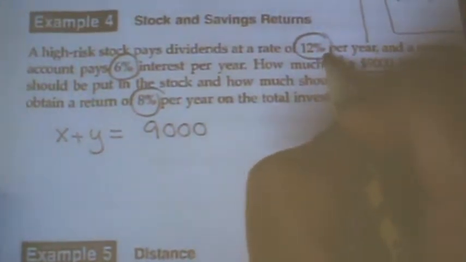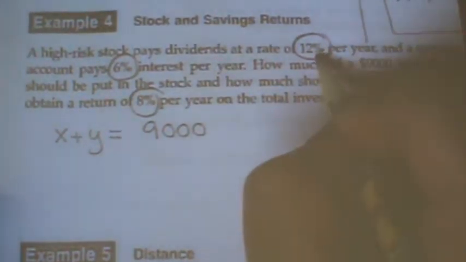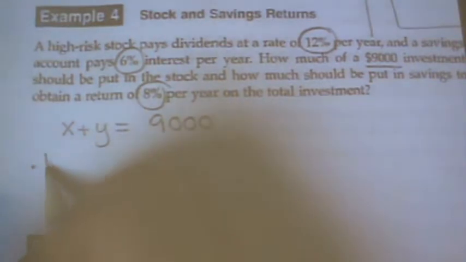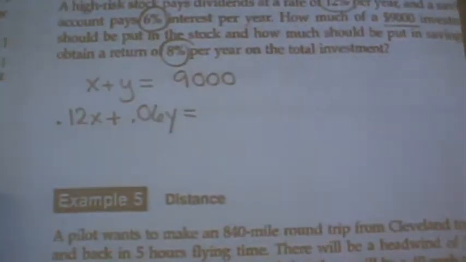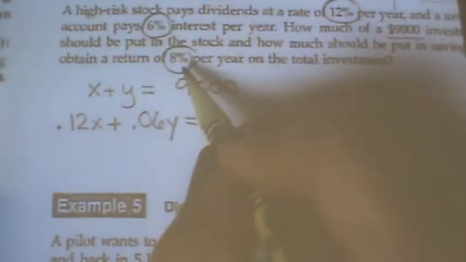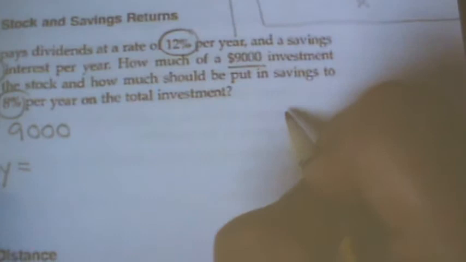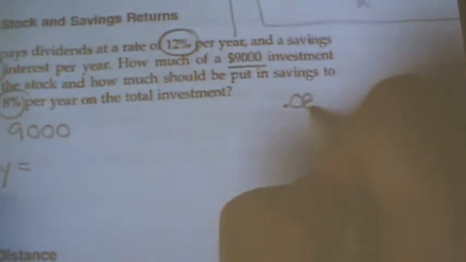One account, we'll call it the X one because it's the first one, earns 12%. So 0.12X, and the second one earns 6%. Is this coming back to you? Now, we want to earn 8% on this money. So off to the side, what's 8% of $9,000?